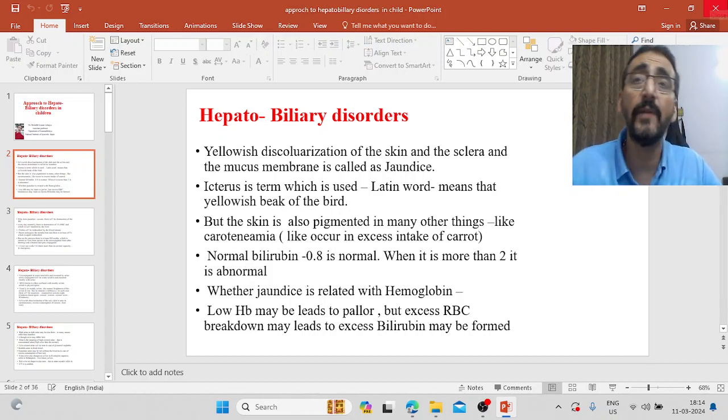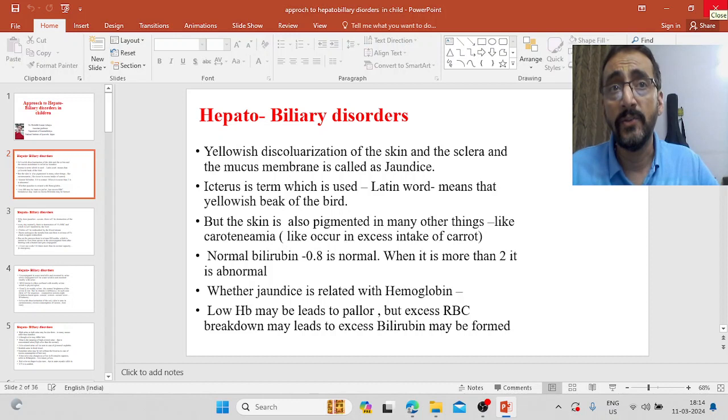So what you have to understand is that jaundice will most of the time be there in such a condition when there is excess destruction of the RBCs. Okay, not always only because of excess destruction of the RBCs. Sometimes jaundice may also occur because of excess metabolism or excess destruction of the hemoglobin. Now it is obvious that hemoglobin is present inside the RBCs.